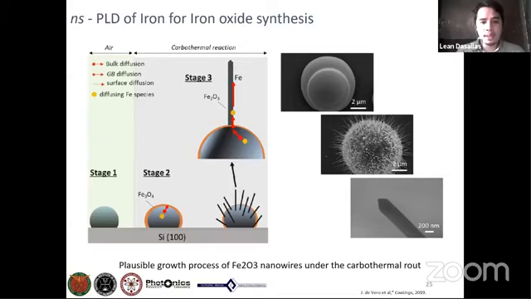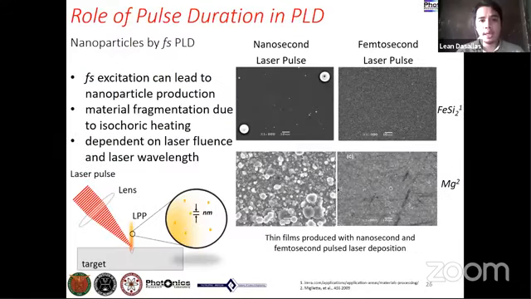So the tendency is for this metastable layer to initially form on the surface of the iron microsphere, and the iron will diffuse from the microsphere towards the surface, producing iron oxide nanowire. So that ends our work with the nanosecond PLD.